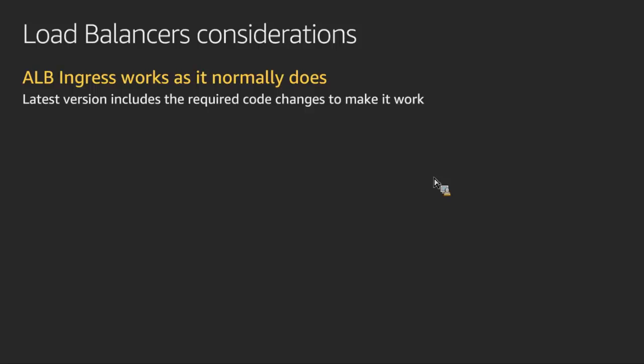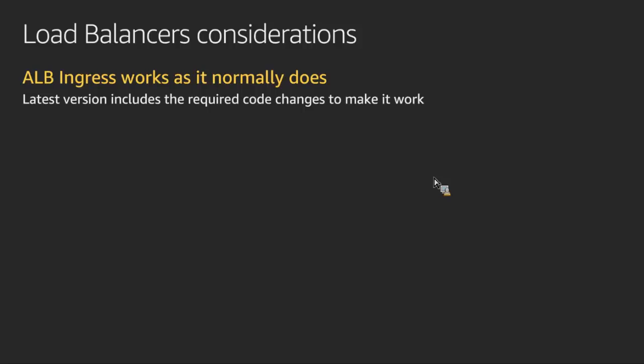Let's jump to load balancer configuration. Still networking related, but specific to load balancers. So the ALB ingress works as it would normally do. Just make sure that you use the latest version, because we had to make some changes to accommodate the way that Fargate works.